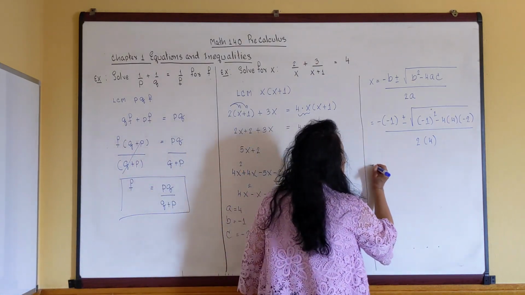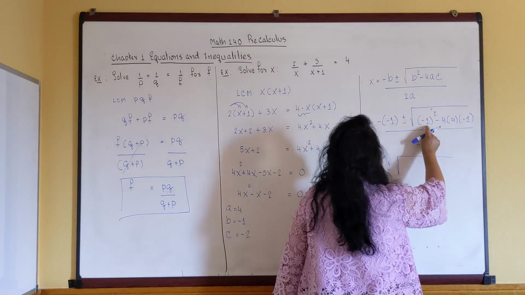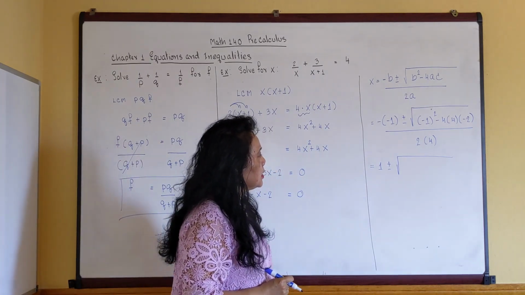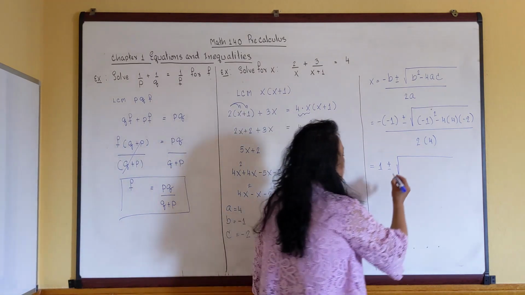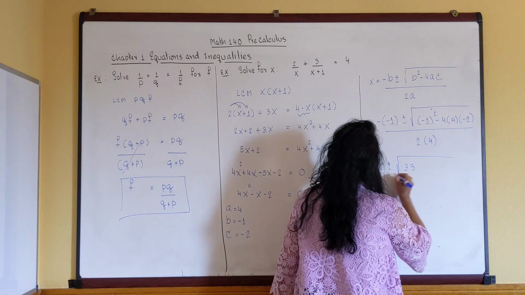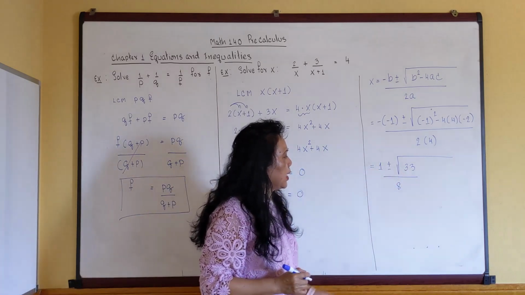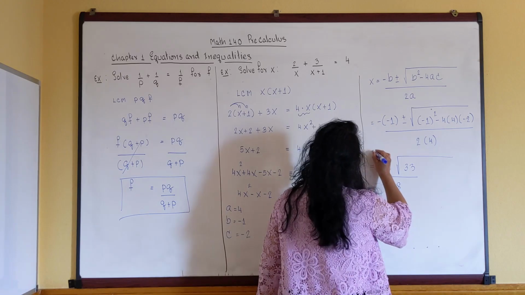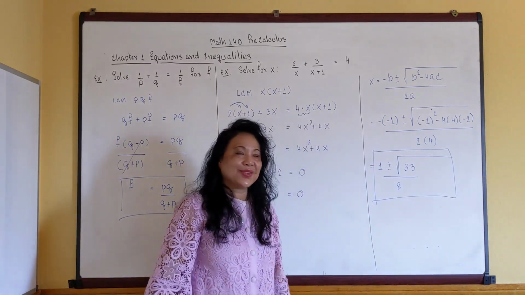So negative times negative is 1, plus or minus, negative 1 squared is 1, 4 times 4 is 16, 16 times 2 is 32, so I'm going to have 33 here, over 8. This is not a perfect square, so I can't take it out from the radical, so my x is equal to 1 plus or minus the square root of 33, over 8.